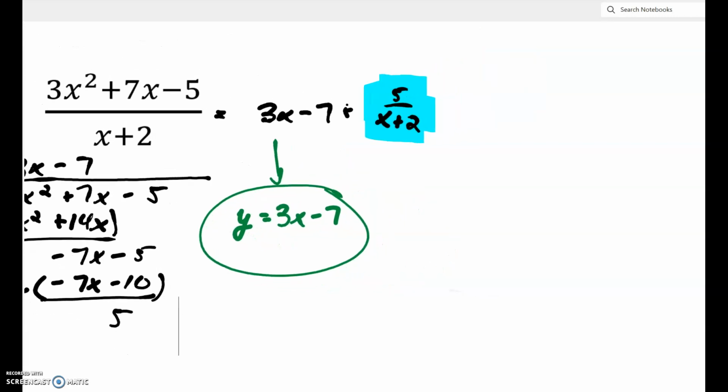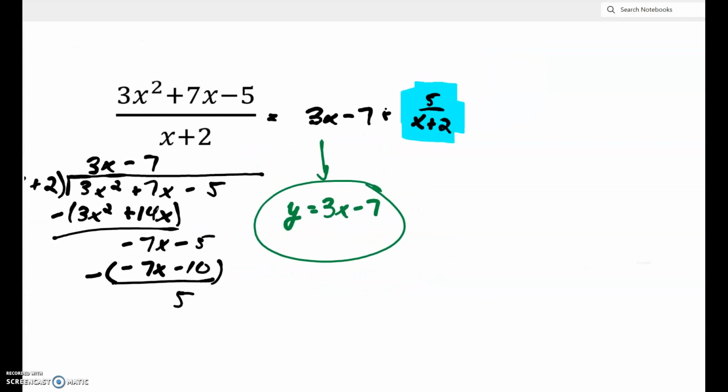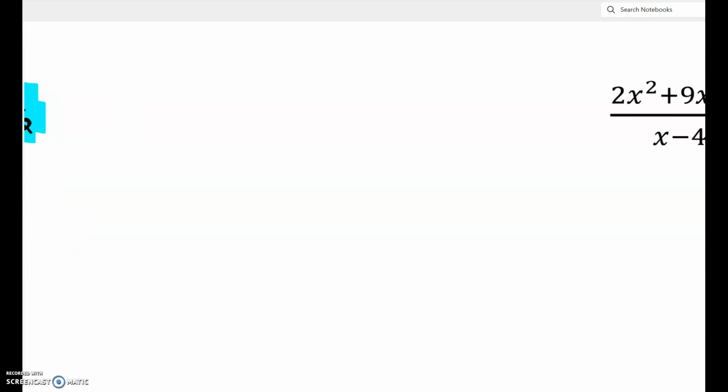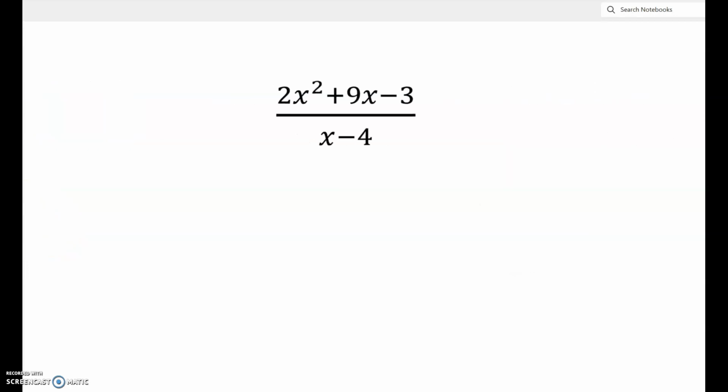Moving on to this next one. I did long division with the first one. This next one, I'm going to do synthetic division. Take the x minus 4, set it equal to 0, solve. I get x equals 4. Oh, my computer's freezing up here. There we go. x equals 4.